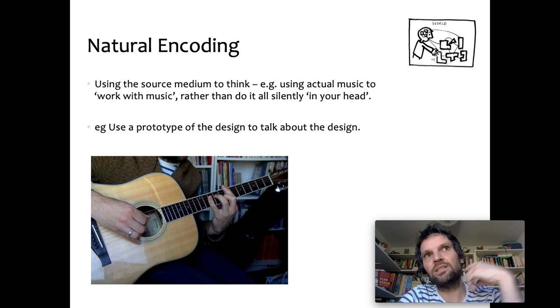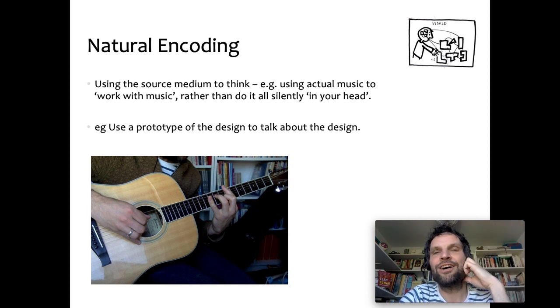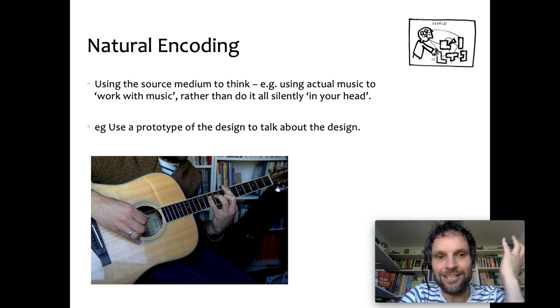So if you think in David Kirsh's terms of what kind of computation is cheapest to perform, then for composing a new piece of music for guitar, the cheapest way to do that computationally, in terms of the cognition involved, would be to do it on a guitar or with a guitar.